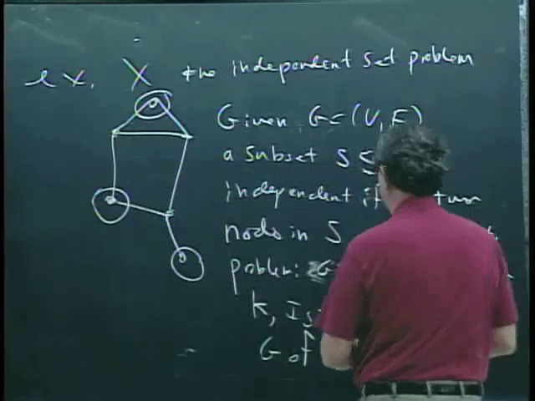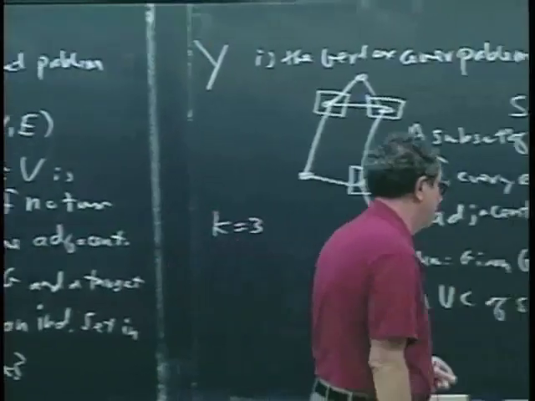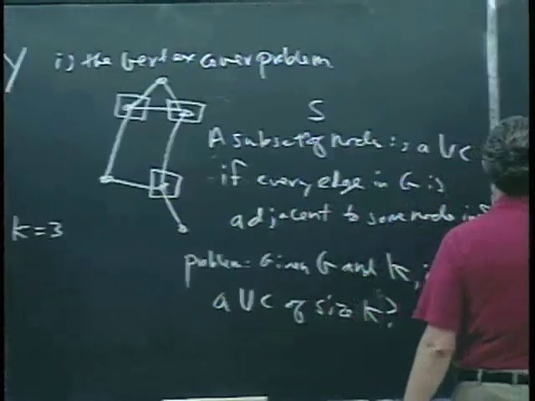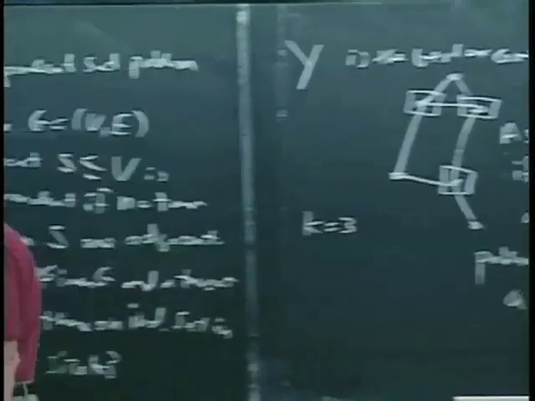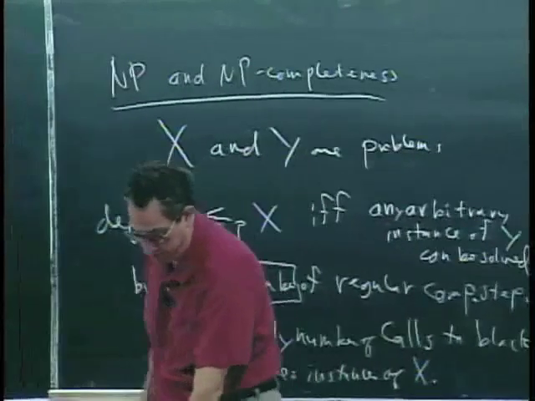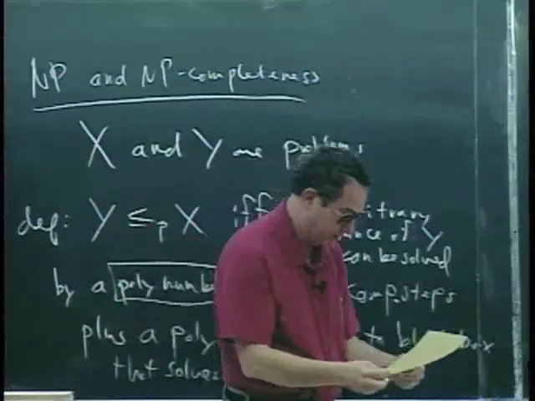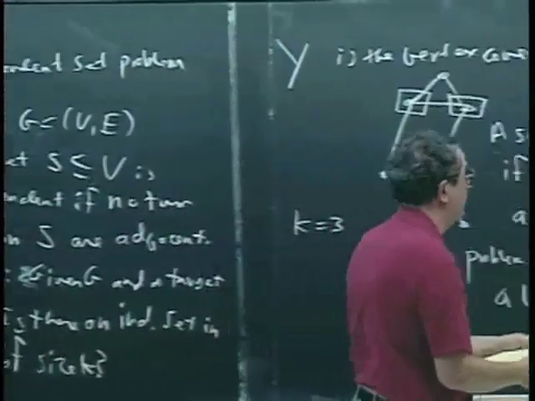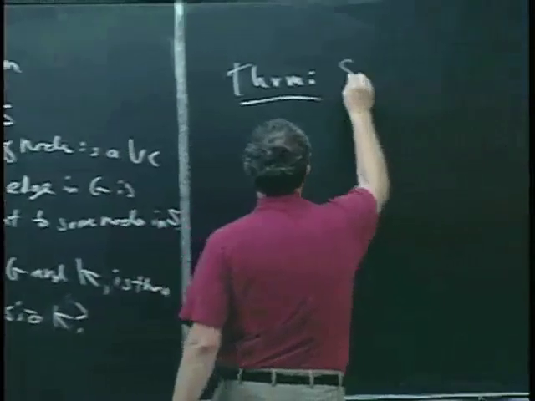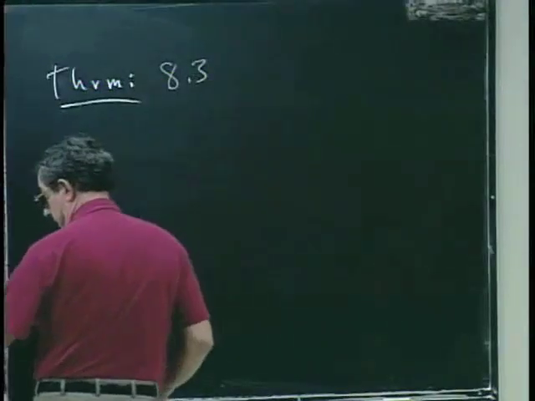And in fact, let me write down a theorem. The book doesn't ever call anything a theorem, but it does have a number for this, which is 8.3. So this is all in Chapter 8, I guess.